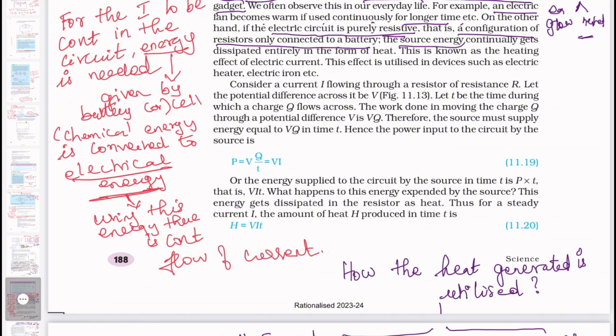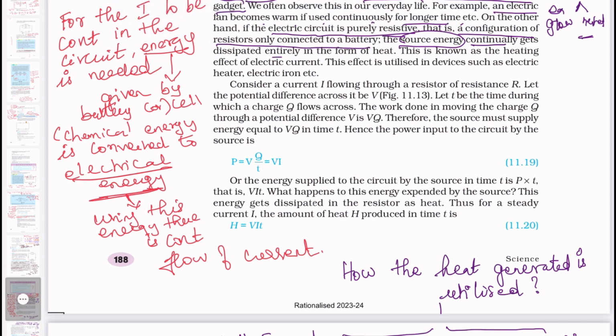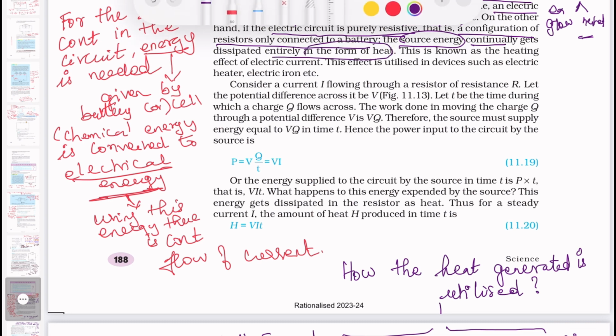The source energy is continuously dissipated in the form of heat. So the energy is completely converted into heat. That heat is used in devices like electric heater and electric iron. This concept is known as heating effect of electric current.